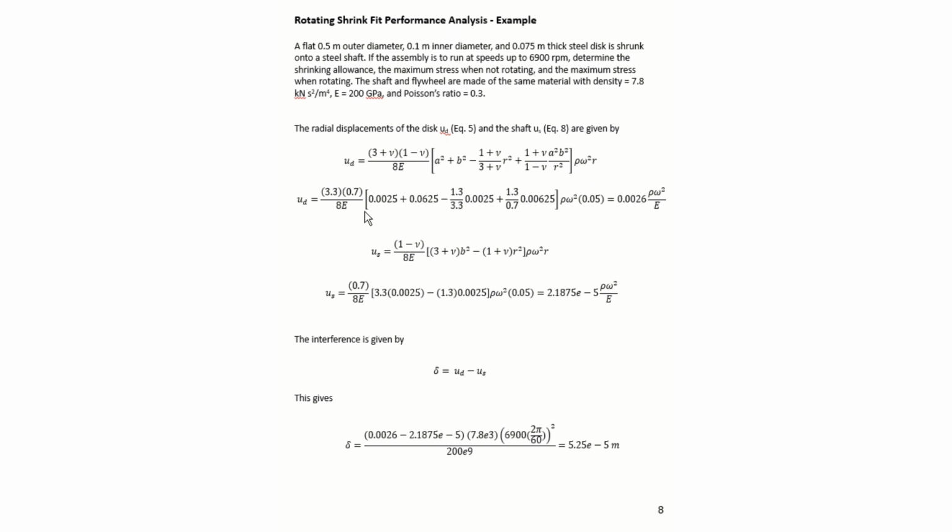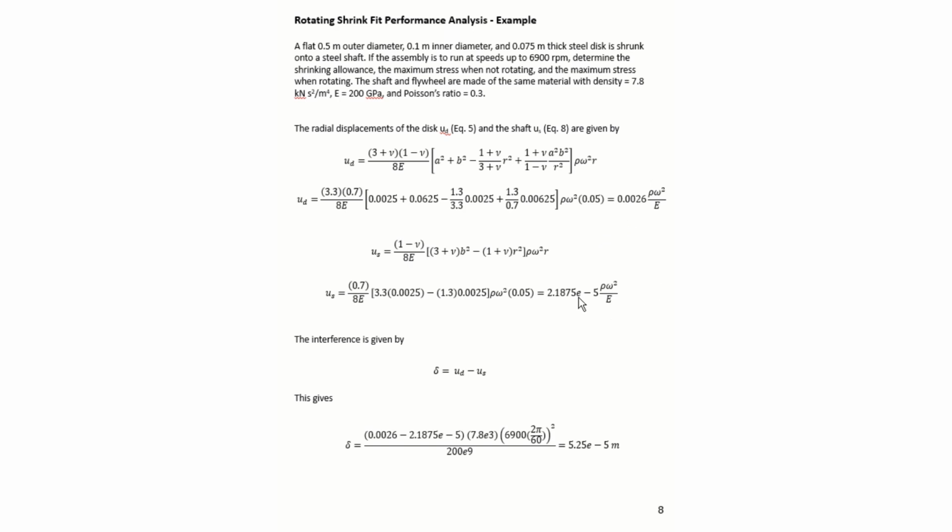So I can compute the radial deflection in the disc, and then I can compute the deflection in the shaft as given by this expression here, which is equation 8 on previous pages. And I get these values here after plugging in the numbers.